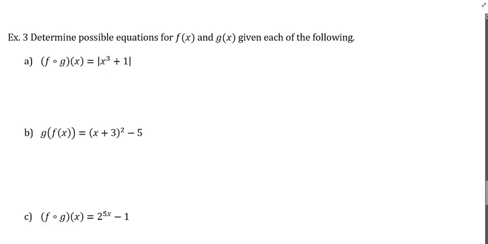Okay, so you're given the composition function, and you're supposed to find possible equations for f of x and g of x. This isn't about right or wrong answer because you could come up with lots of different possibilities. Anybody think of one possibility? For this? Brandon?